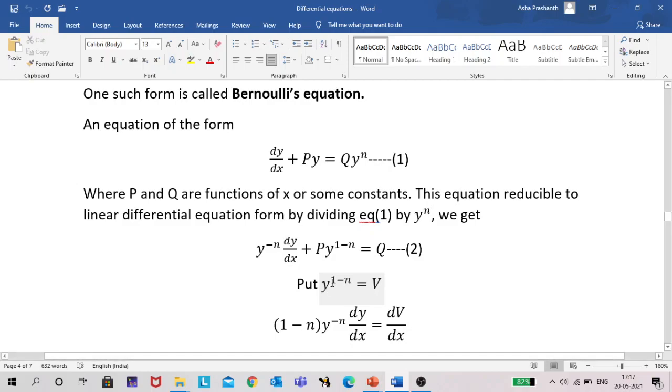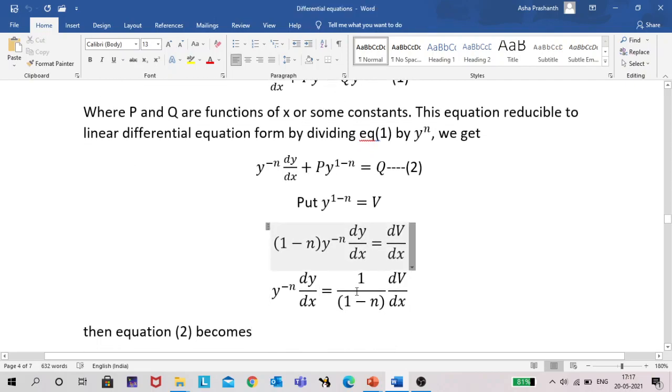So y to the power of 1 minus n differentiated is 1 minus n into y to the power of 1 minus n minus 1. The plus 1 and minus 1 cancel, so we get y to the power of minus n dy by dx. We are differentiating with respect to x, so we get dy by dx. This is equal to dv by dx.